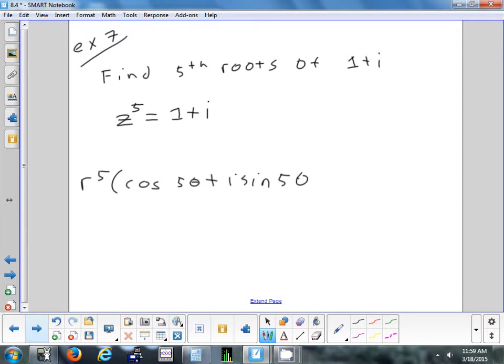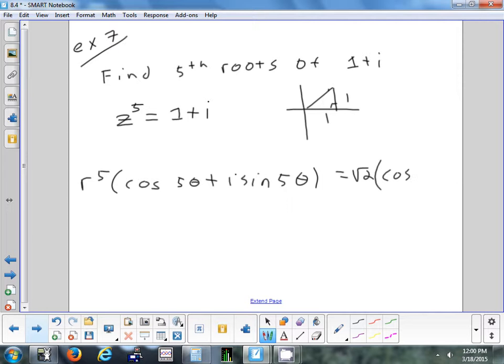This just eliminates having to write a step and then rewrite it to do this one step. So you raise r to the 5th, multiply the angle by 5. Now 1 plus I. Quickly, we need to change that into trig form. Well, we have sides of 1 and 1. So the hypotenuse is square root 2.